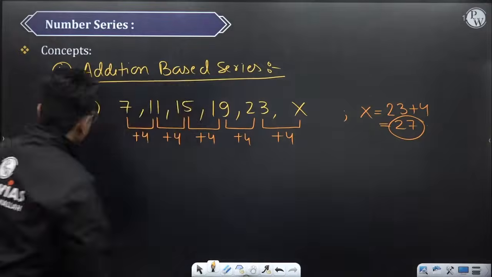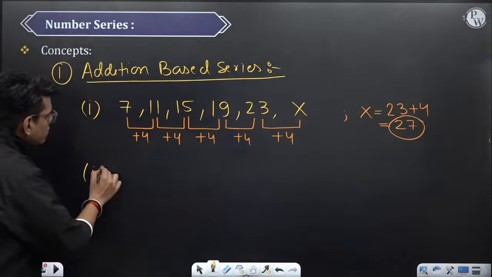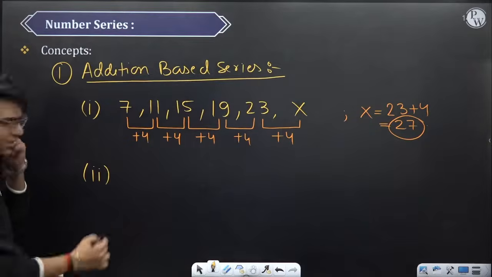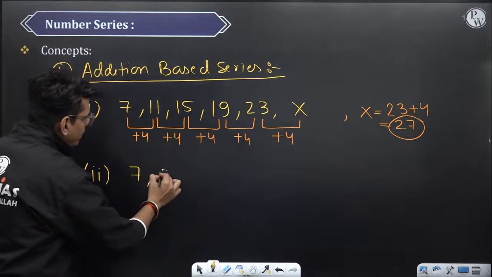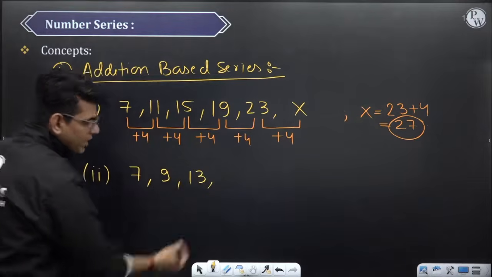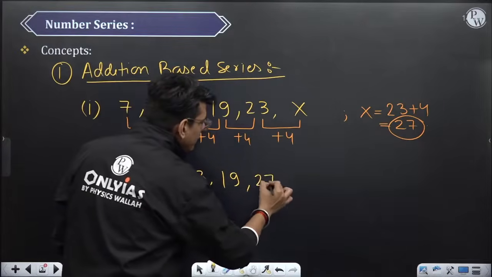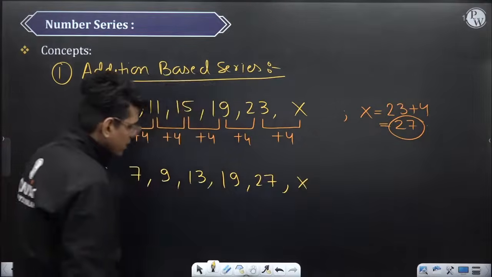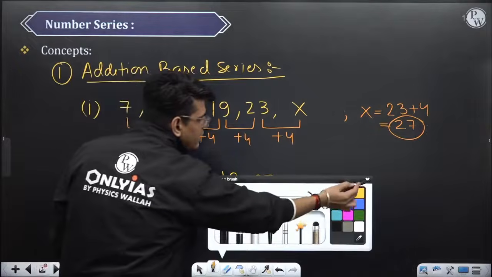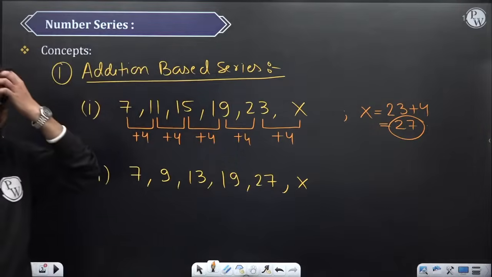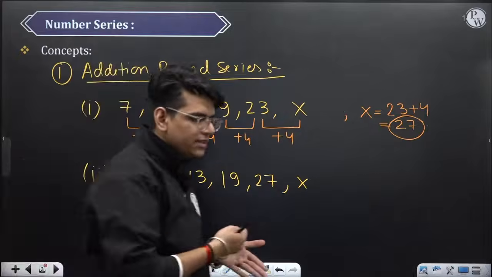Let's take one more example from addition series. If the given series is 7, 9, 13, 19, 27, and you are asked the next term. In series questions, you should screen the series.